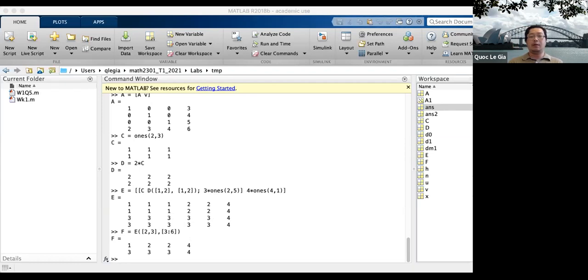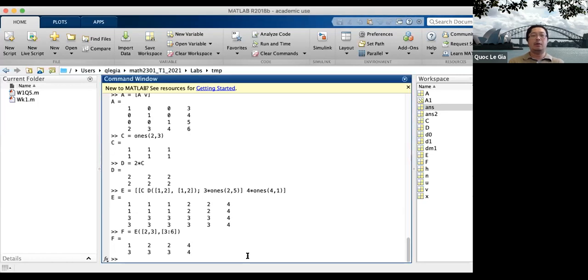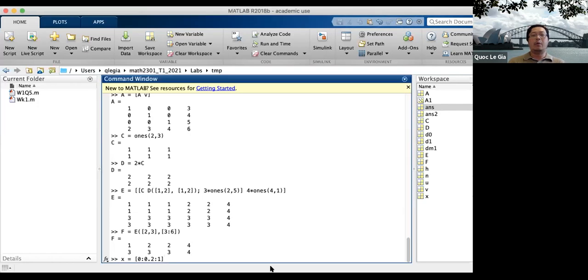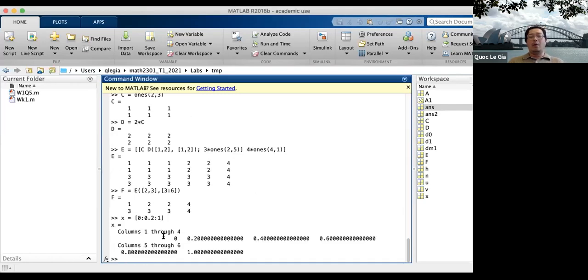If you have x from 0, step 0.2, and stop at 1, then it will give you all the points from 0 to 1, and the increment is 0.2: 0.2, 0.4, 0.6, 0.8, and 1.